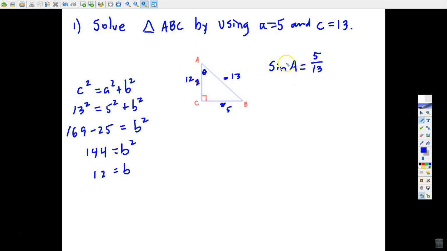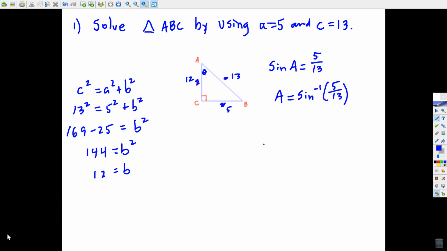And the way I solve for angle measurements is I use inverse sine, or some textbooks will call this arc sine. And anytime you're trying to find the measurement of an angle, you're going to do the inverse of whatever trig ratio you started with. All right, so now you'll want to grab your calculator and press inverse sine, and then you're going to put 5/13 in parentheses.